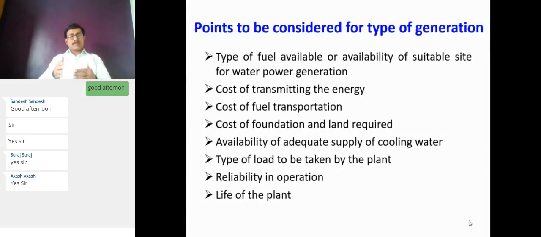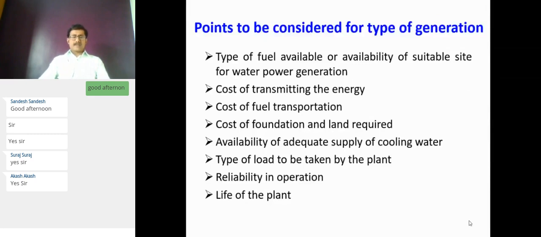So the life of the diesel power plant is the least one, the minimum. Then you can have the thermal power plant which may run for 30-40 years at the most. For most of the time after 20 years, the efficiency of the thermal power plant falls drastically, isn't it? So that is what the life of the plant is.